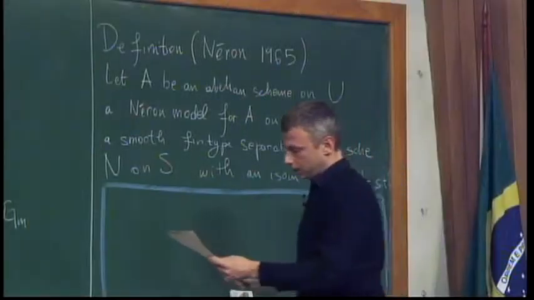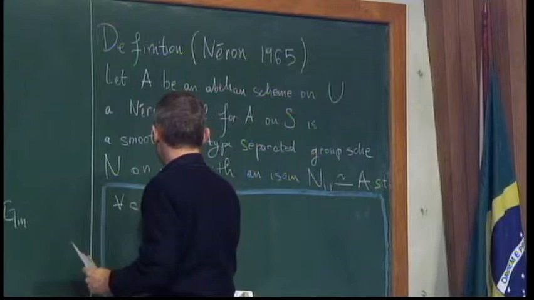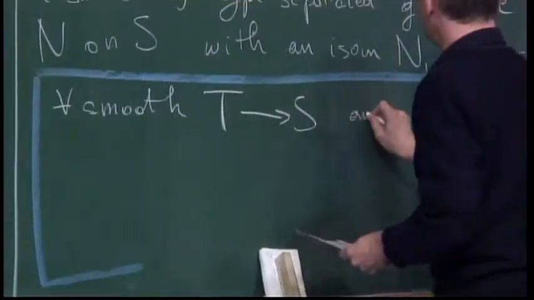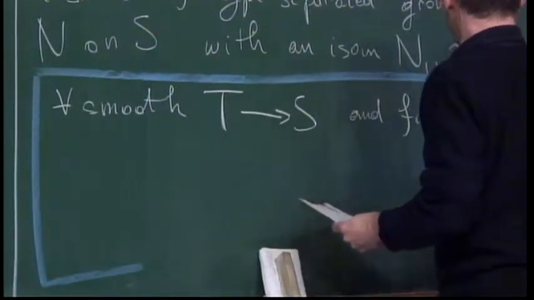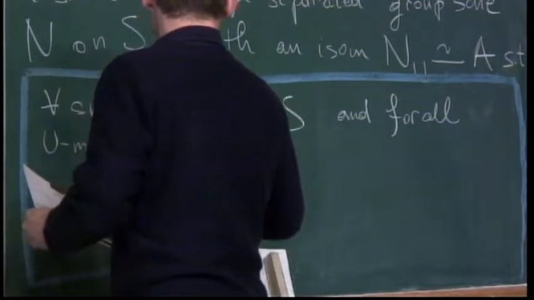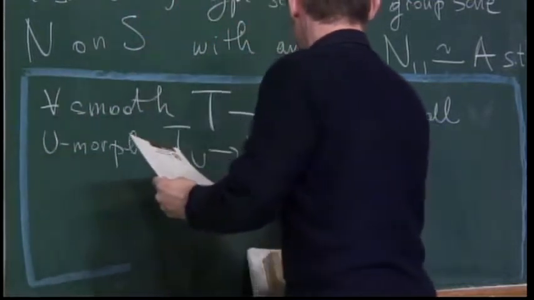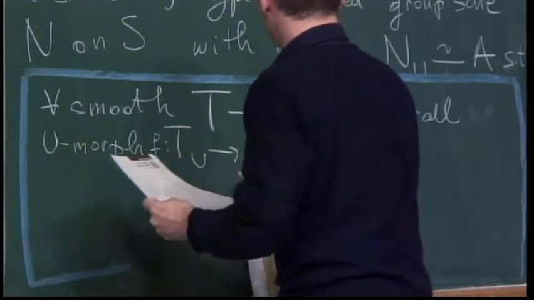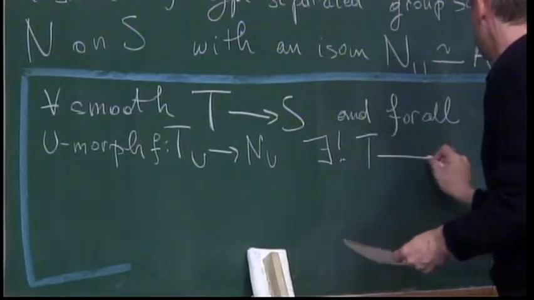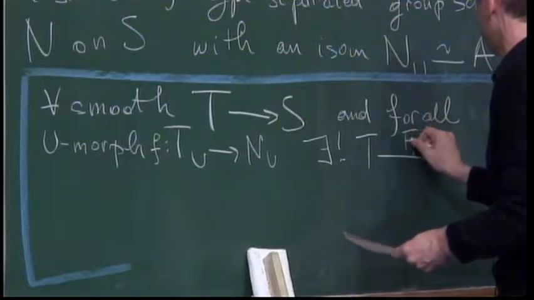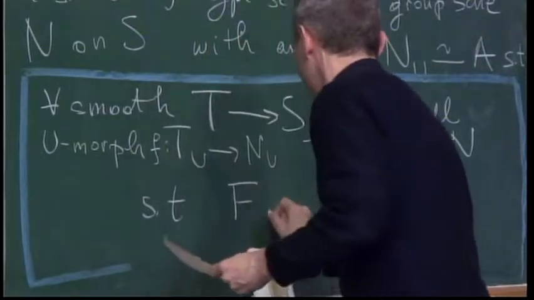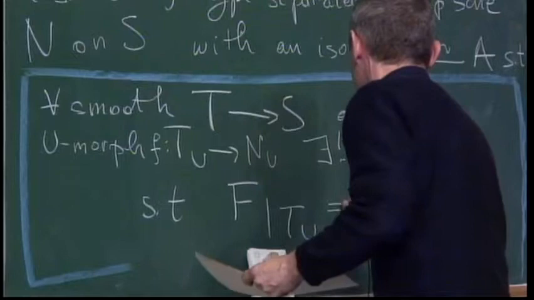What I want to say is that for any smooth scheme T over S, and for all U-morphisms T_U to N_U, let's call them little f, there exists a unique S-morphism, which I will call capital F, onto N, such that F restricted to T_U is equal to little f.